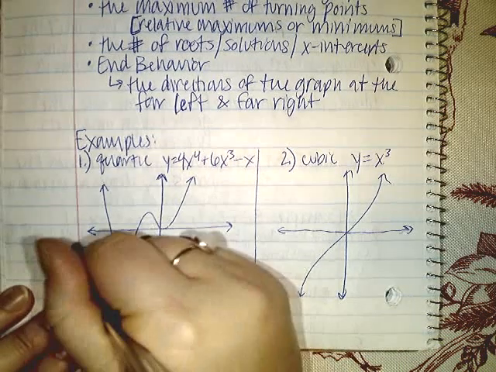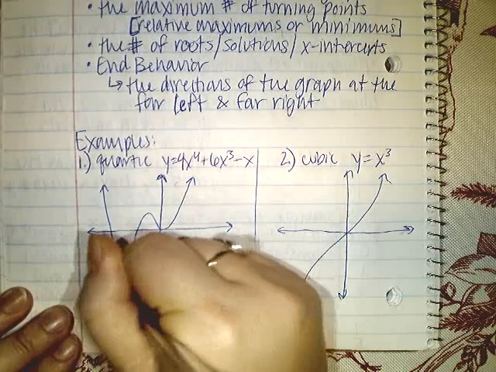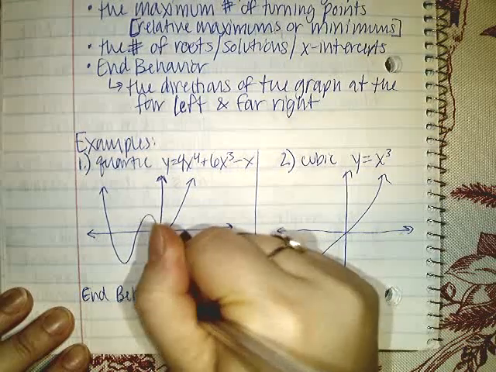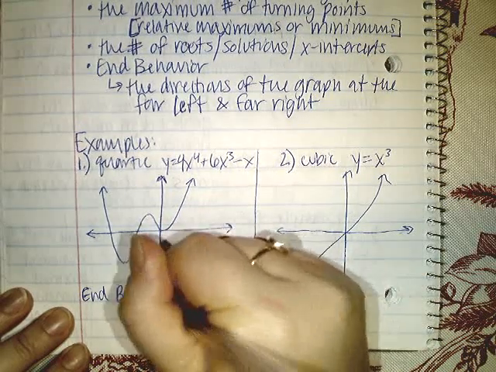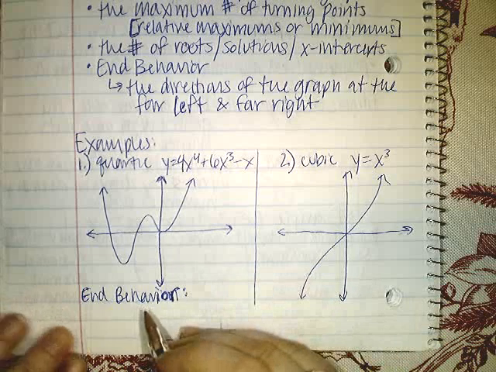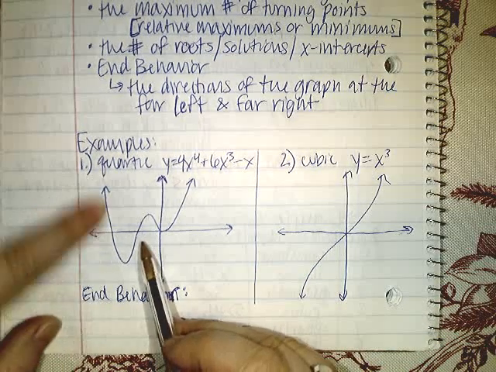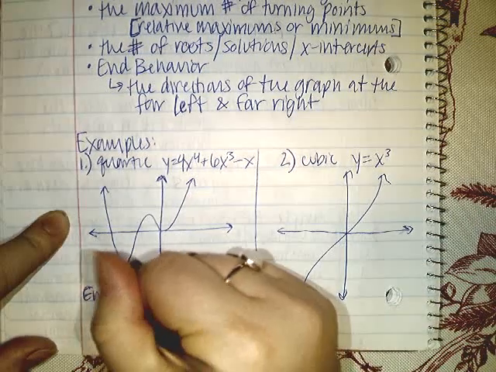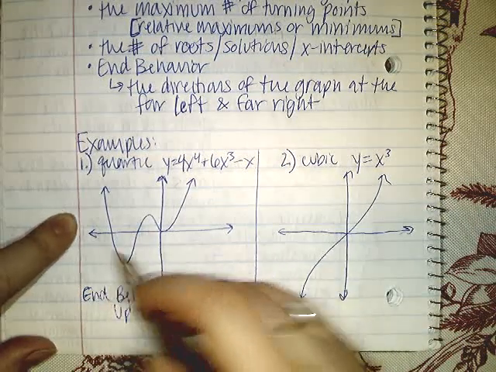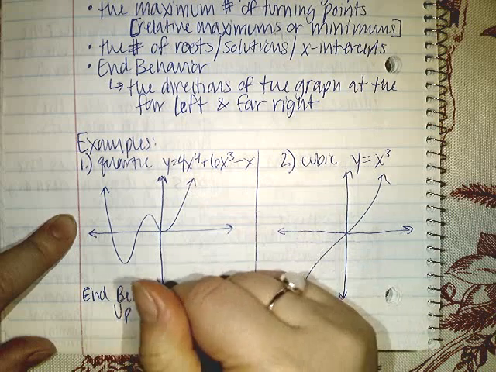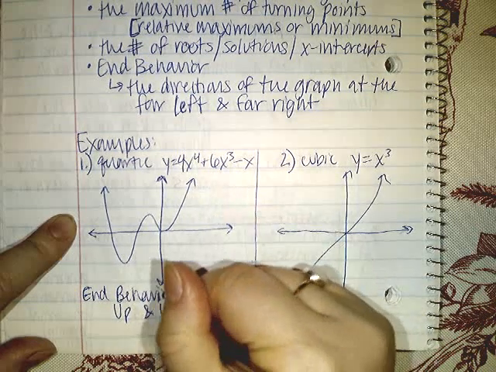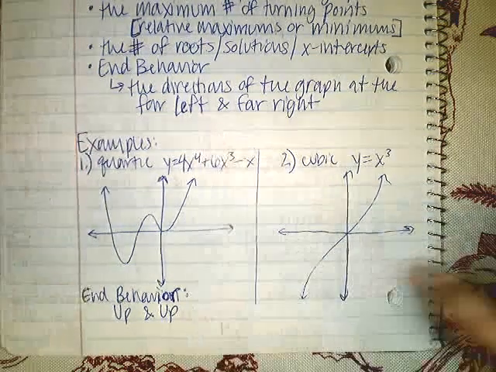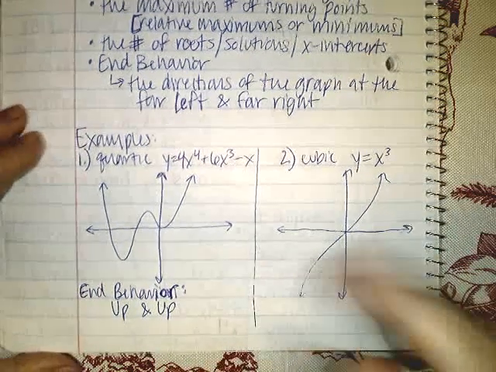So for my end behavior, what is the left side doing as I look at it? It's going up. So the left side goes up. And then the right side is also going up. So my end behavior would be up and up. So it's increasing on both ends of my graph.